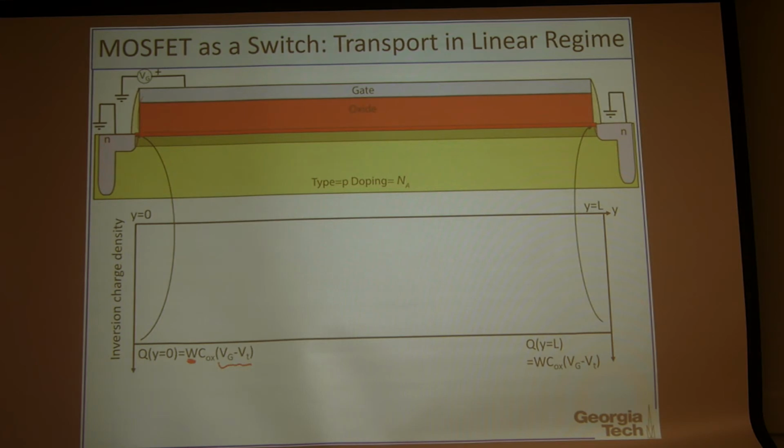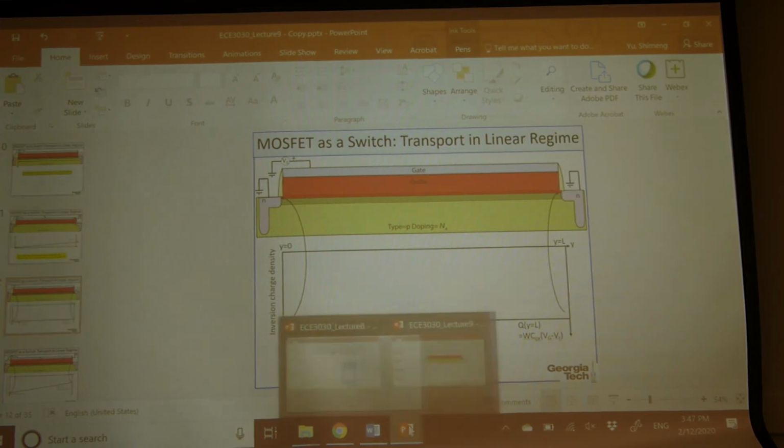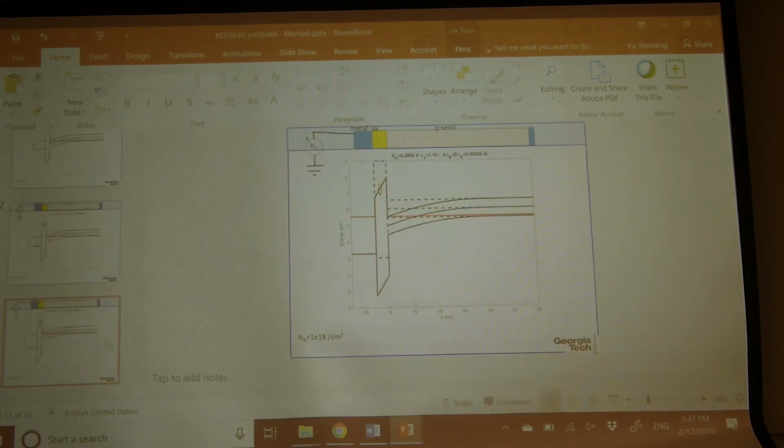W is the, we need to consider this in a three-dimensional view. W is the width of the transistor. We don't have that in this lecture, but we have shown this before.